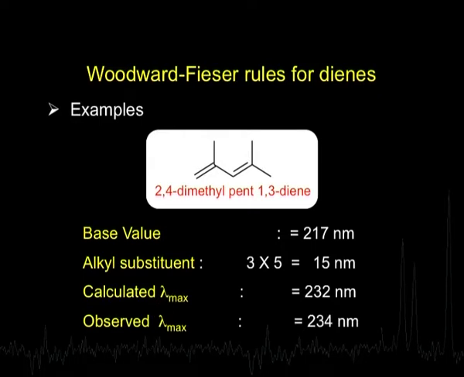Agreement is good. So, basically what I want to convey here is that these rules are reasonably good. That means, for simple molecules they predict values in fair agreement with the experimental values.